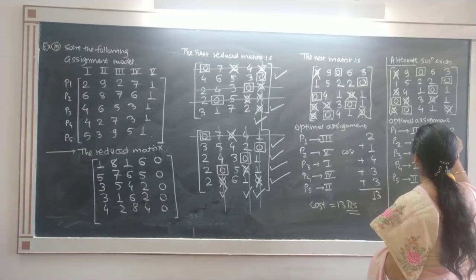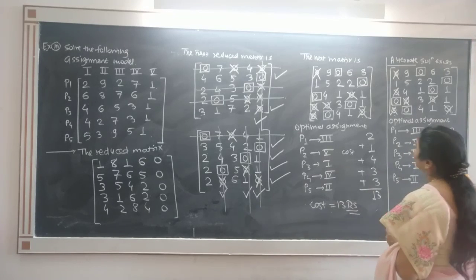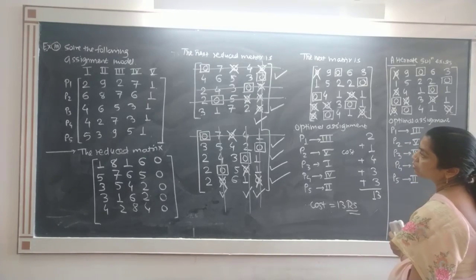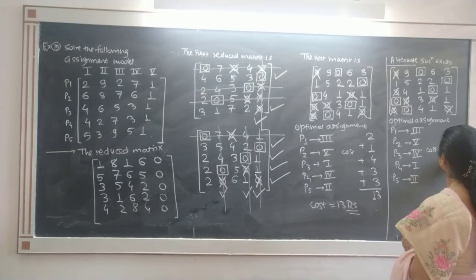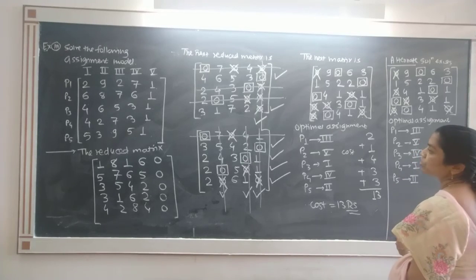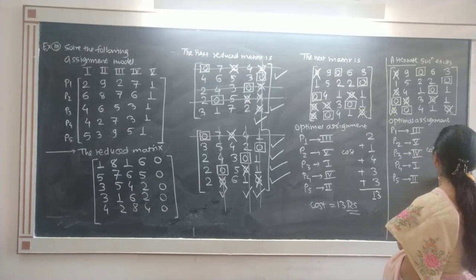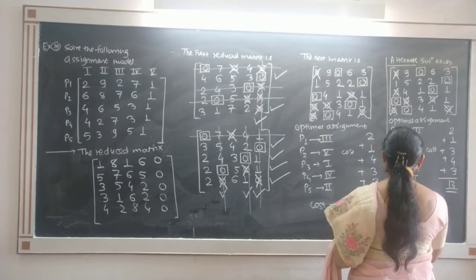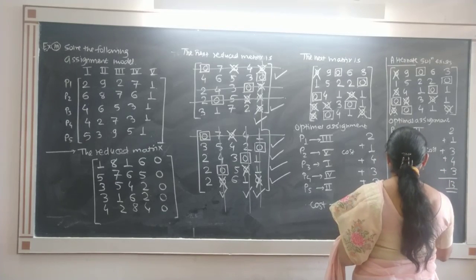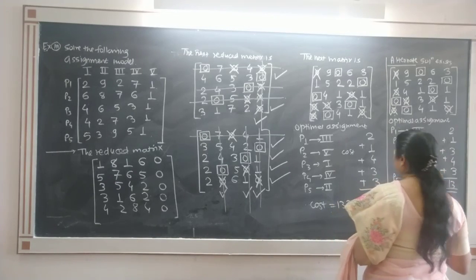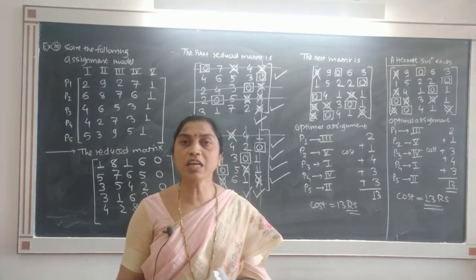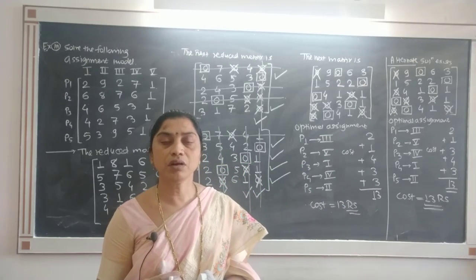For 3rd 2, for 5th 1, for 4th 3, for 1st 4, and for 2nd 3. The total cost comes to be 13. So in this case again, the cost remains the same, only the optimal solution, that is the assignment, gets altered.